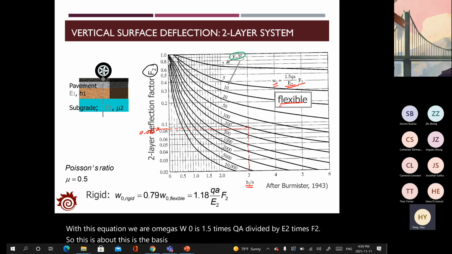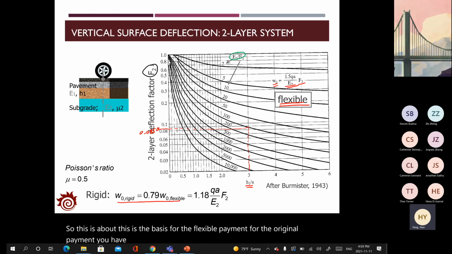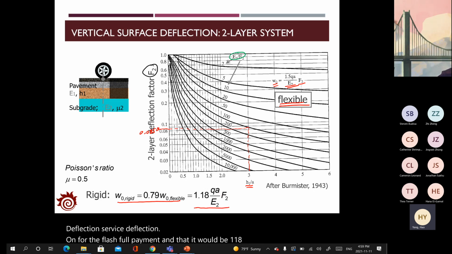So this is for the flexible pavement. For the rigid pavement, you have a similar relationship as what I showed previously. For the rigid pavement, it's only 0.79 of the surface deflection. For the flexible pavement, that would be 1.18 times QA divided by E2 times F2.